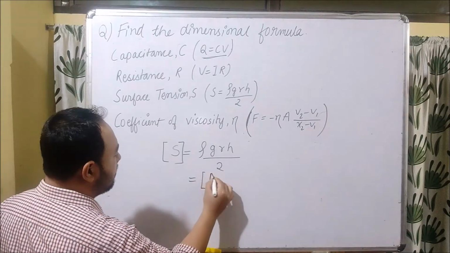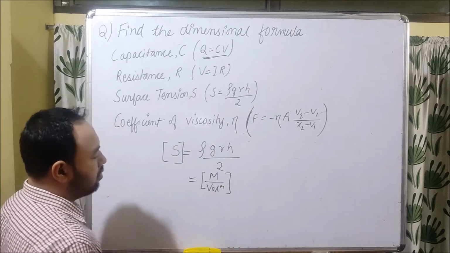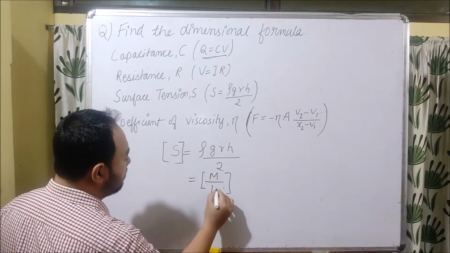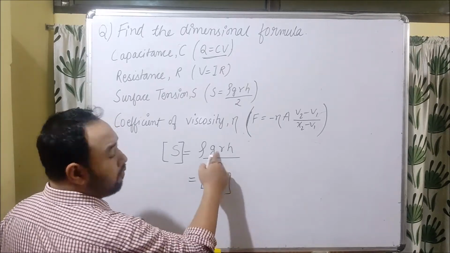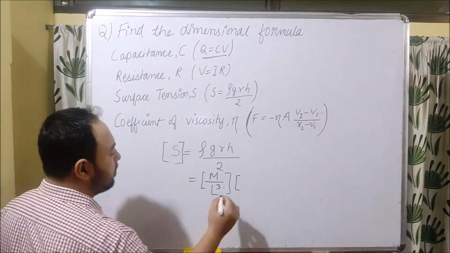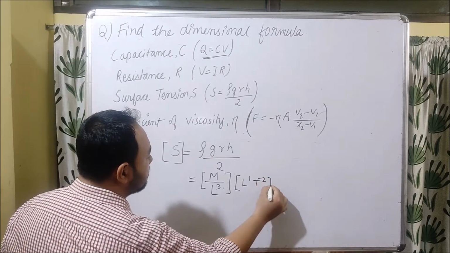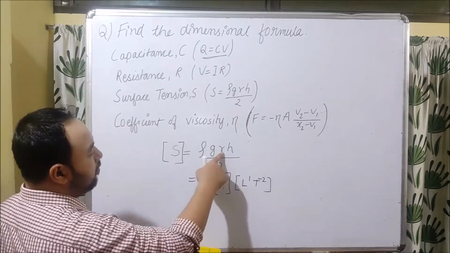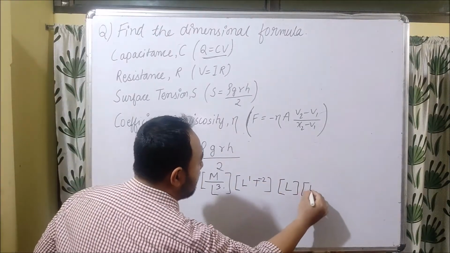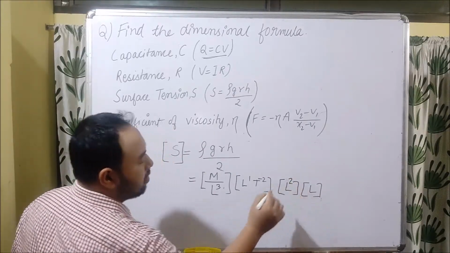It is mass by volume. Okay, so for volume you can write it as L cube. Then for acceleration due to gravity, the dimension for acceleration is L1 T minus 2. And for radius and height, you can write it as L. Okay, so if you add this up, you can directly write it as L square.